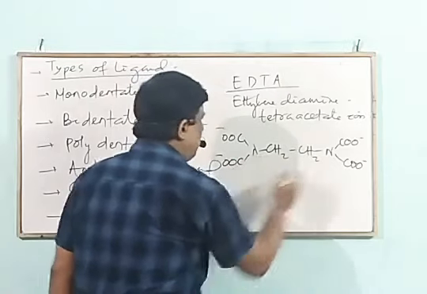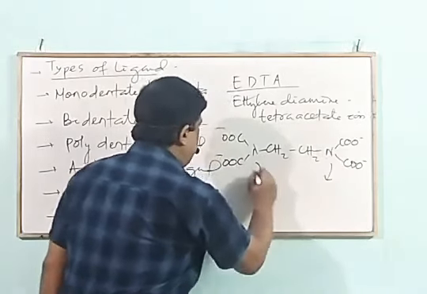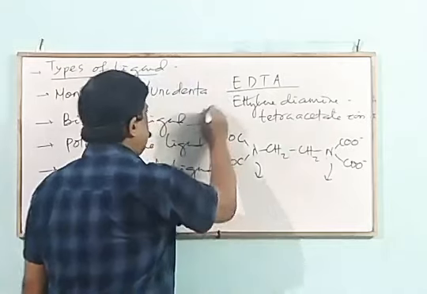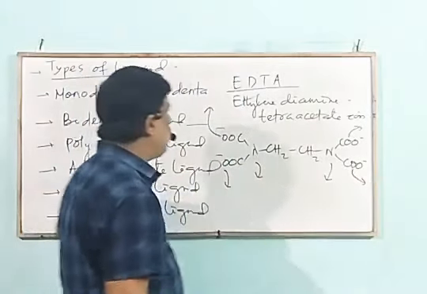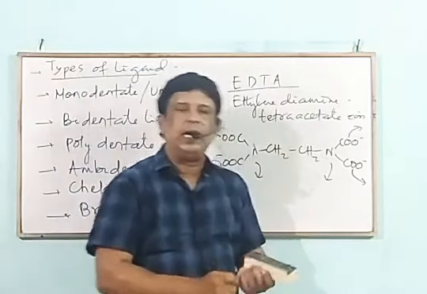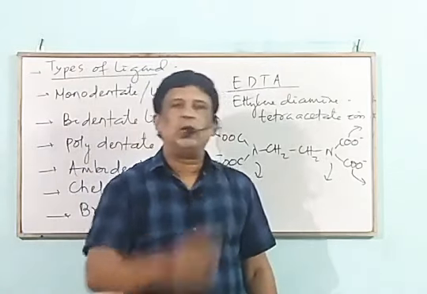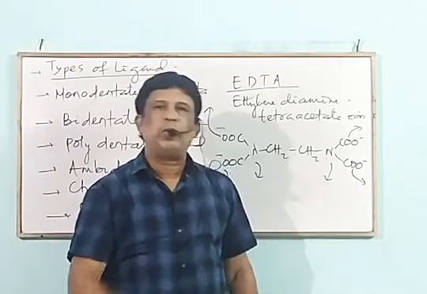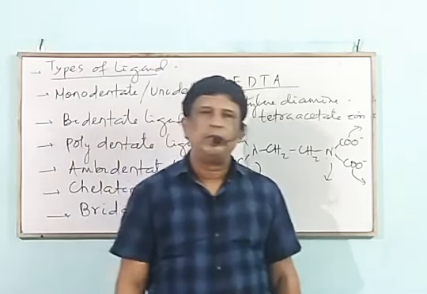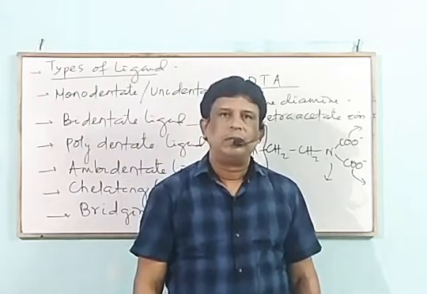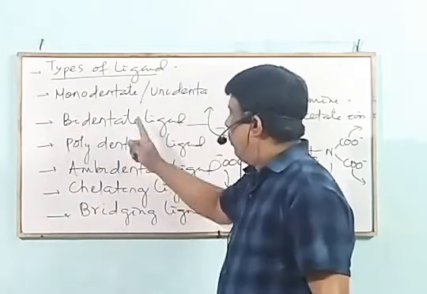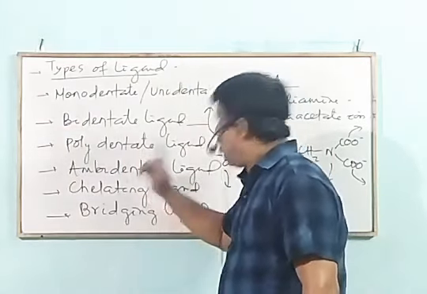Here two nitrogen atoms are there and four oxygen atoms are there. It is a hexadentate ligand, containing six donor atoms, donating six pairs of electrons to the central metal ion. Then it is known as a polydentate ligand. Monodentate ligand, bidentate ligand, polydentate ligand.